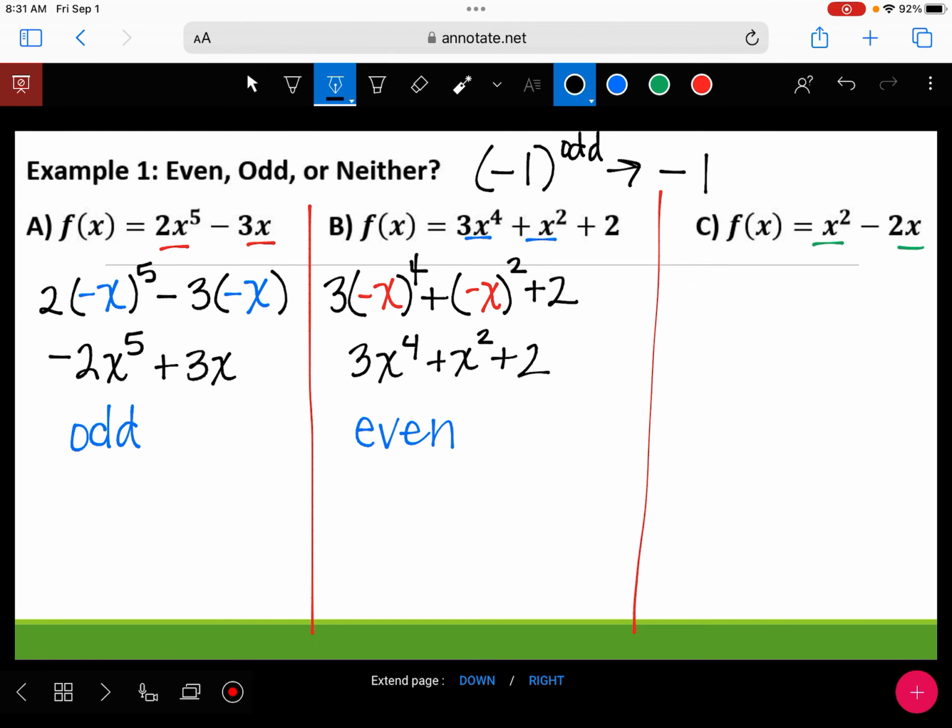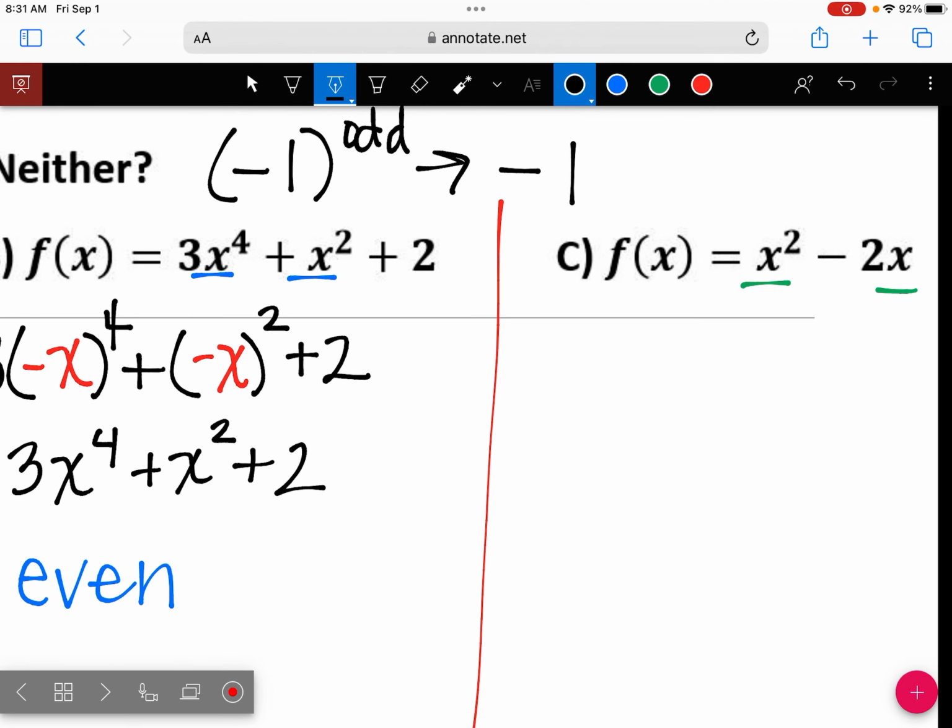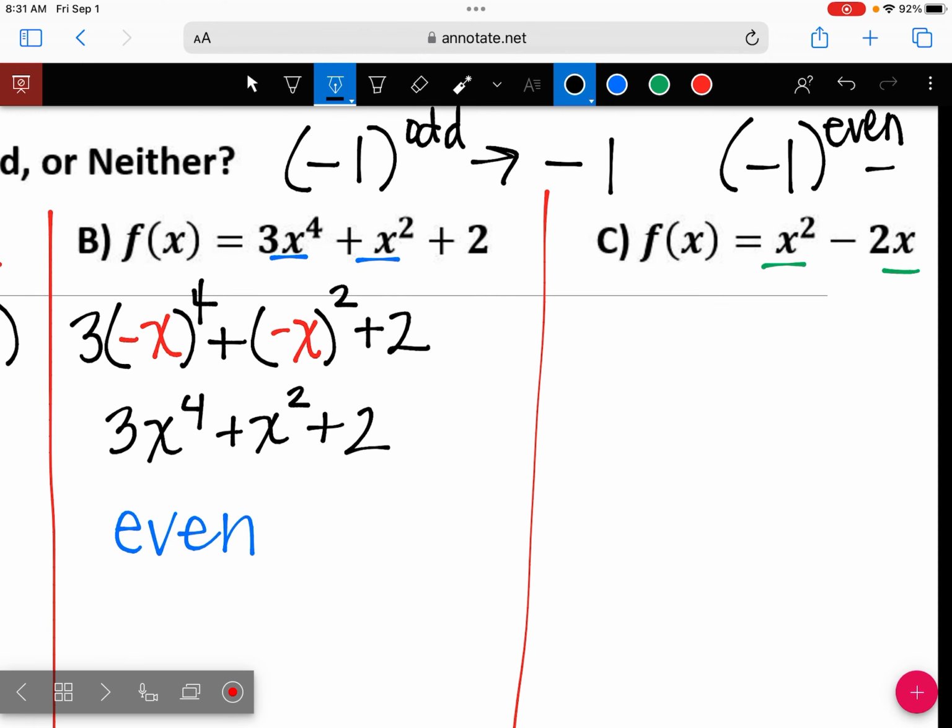But if you take -1 to an even power, it flips to a positive. The exponent tells you what's going to happen to the sign. Yep.